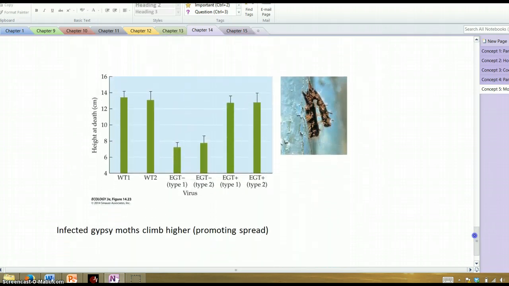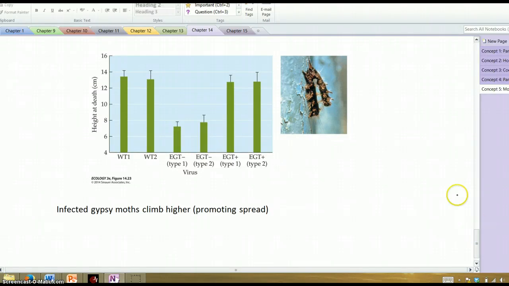And like that first example we saw at the beginning of the chapter, here's a pathogen in this insect called a gypsy moth. These are the caterpillars of the gypsy moth. The pathogen that is parasitizing, that is living in this host species, the moth, has a particular gene that modifies its behavior.